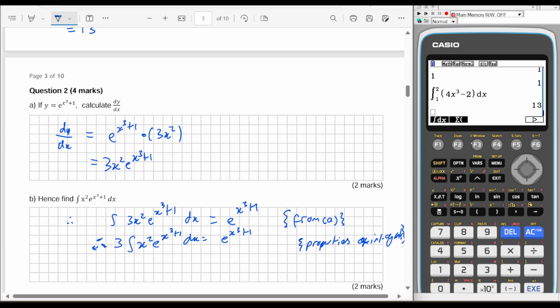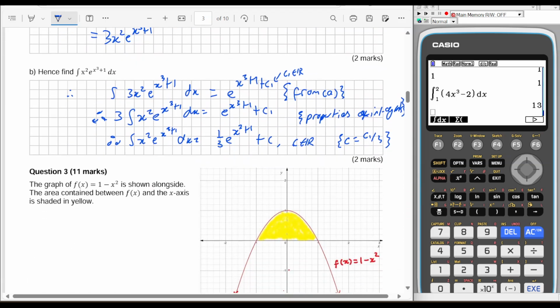And then we can divide by 3. So that's x squared e to the x cubed plus 1 dx is a third of e to the x cubed plus 1. Now I need a plus c on the end here, but that's different to the one above it. So I'm going to call this one plus c1. C1 is a real number. So if you want, C is actually C1 over 3 because we divided out by 3 at that last bit.